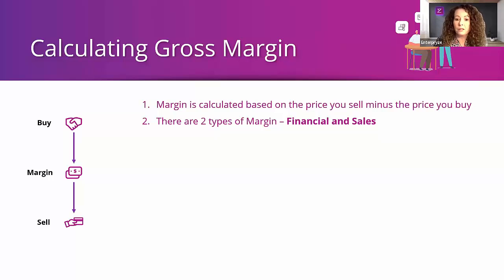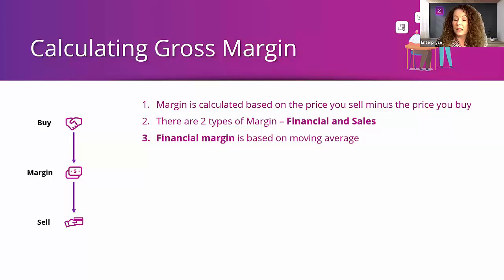We've got financial margin and sales margin. The financial margin is based on the moving average. This is our perpetual inventory, moving average, always moving. Great example: last week you received a quantity of 5 at €10. This week you receive a quantity of 5 at €15.